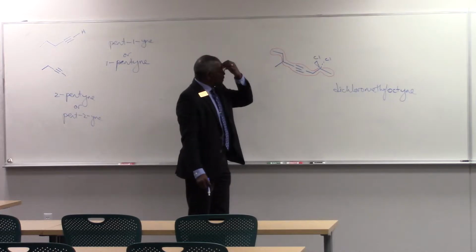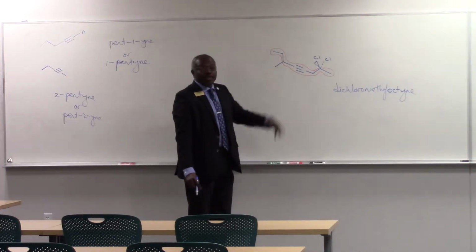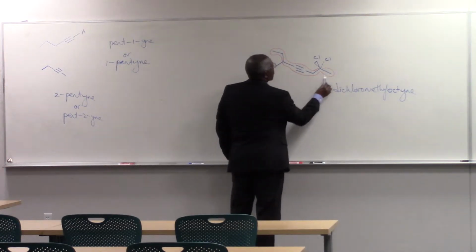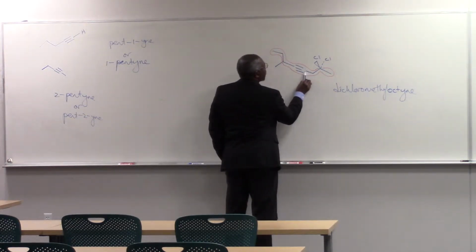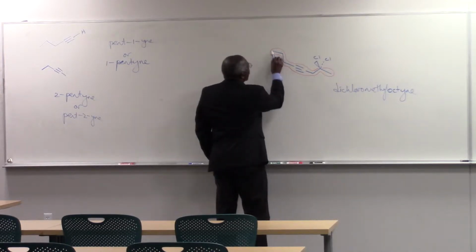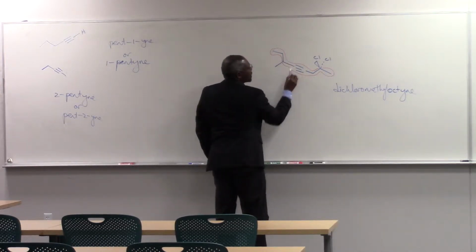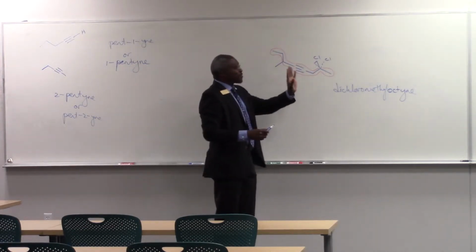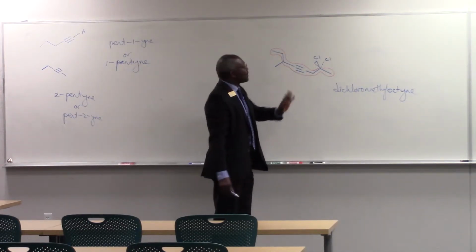So again, I want to give the major functional group the lower locant. So if I go 1, 2, 3, 4 is where it starts. 1, 2, 3, 4 is where it starts. So regardless of which direction I go in, the alkyne is going to have a number 4. So that's good.